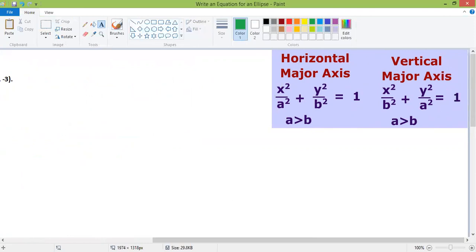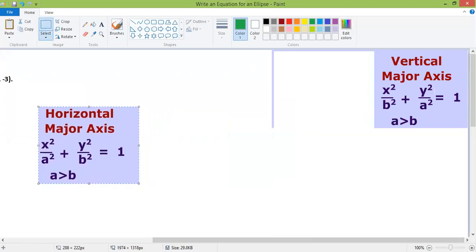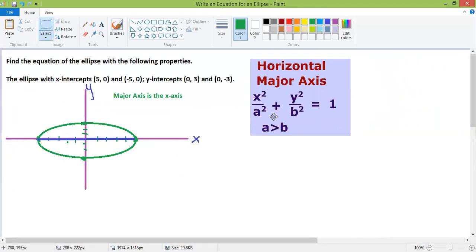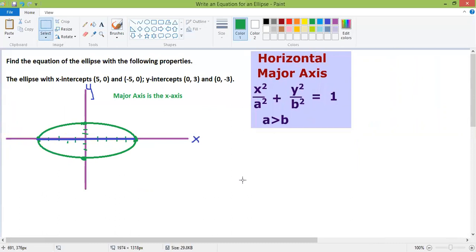So that means my bigger number, a, has to be in this first equation. So I am going to choose this first equation to help me. I knew I need to use a horizontal major axis because x is the horizontal axis, and that's the longest. So now I set it up.